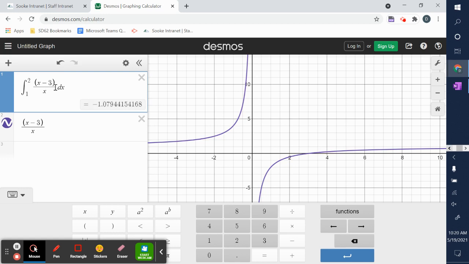Our domain is between 1 and 2, and the vertical asymptote is at 0. But if I change this to x minus 1, there is no answer for the integral. Okay? Because that vertical asymptote is inside of our domain. If I said it was 1.5, it would still be the same thing.